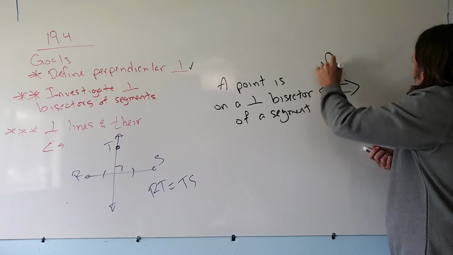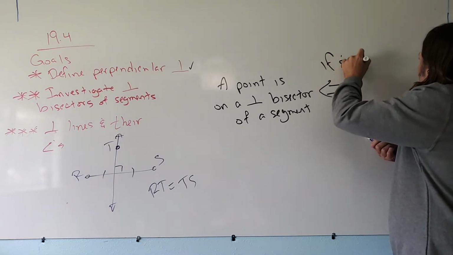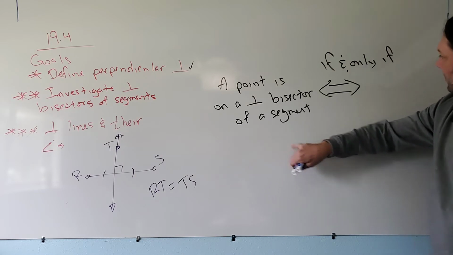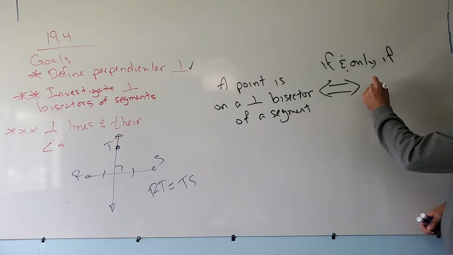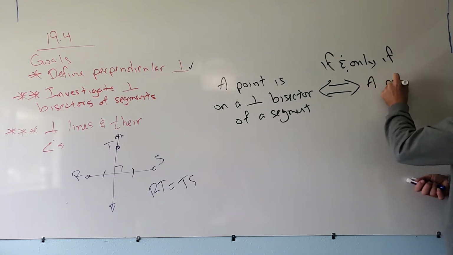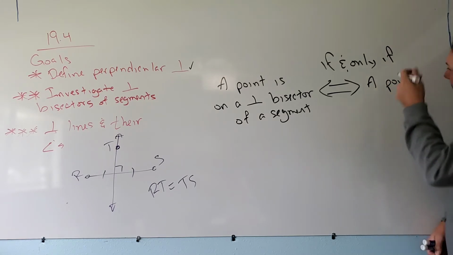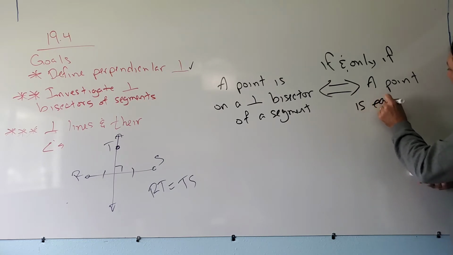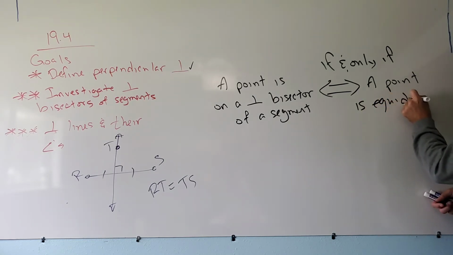What it means is if and only if. So a point is on a perpendicular bisector of a segment if and only if that point is equidistant from the segment's endpoints. And equidistant is actually a word.